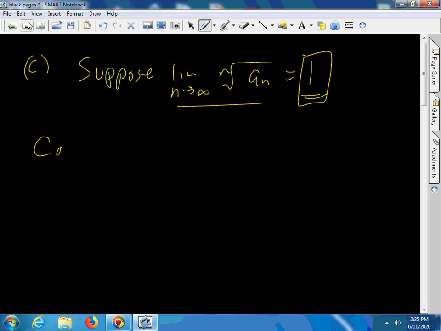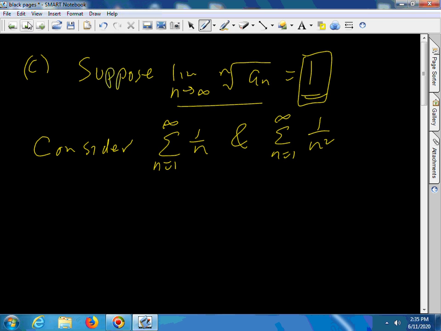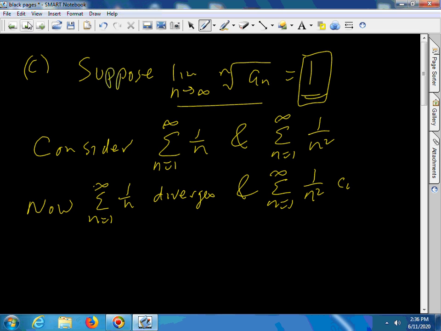So we're going to consider these two series. Consider the summation of 1 over n, as n goes from 1 to infinity, and the summation from 1 to infinity of 1 over n squared. Now, the summation of the first one diverges, and the summation of the second one converges.